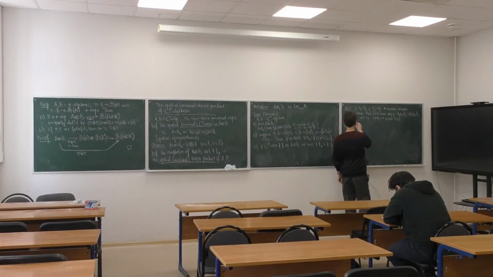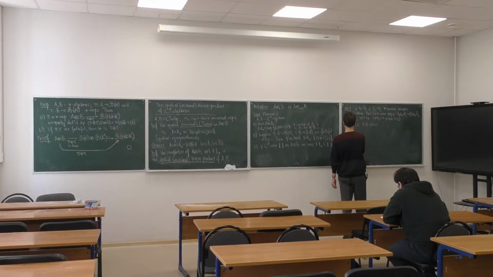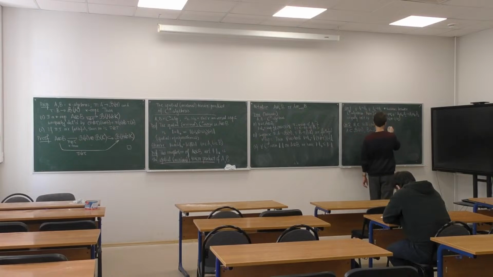Corollary 2. If H and K are Hilbert spaces, and suppose that we have two C-star subalgebras A of B(H) and B of B(K) respectively.